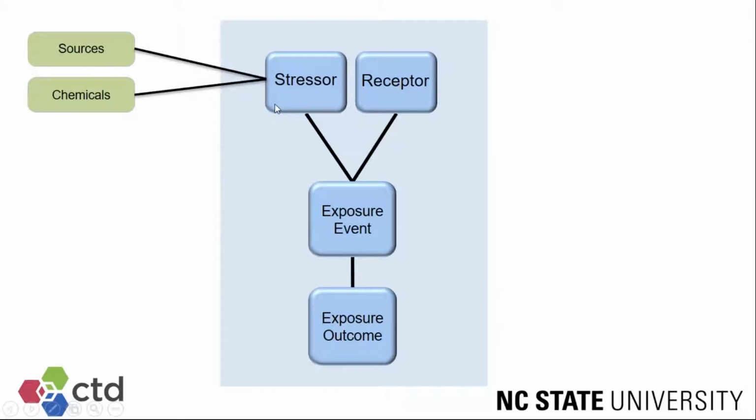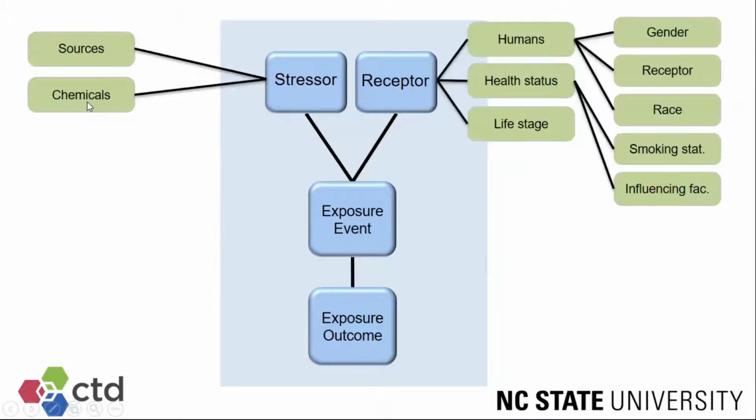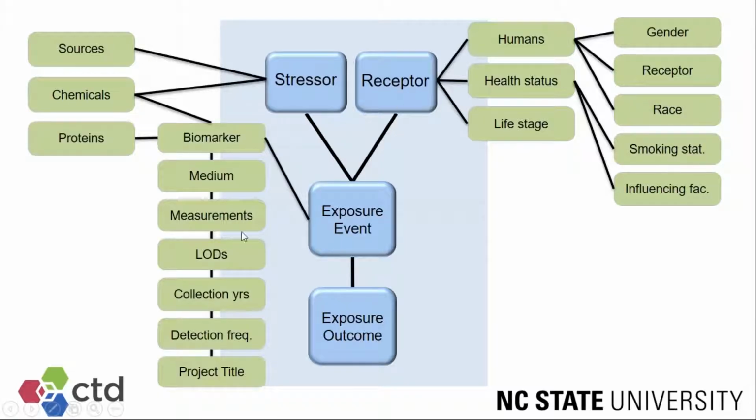So we have these stressors, we have source information and chemicals, we have receptor information. A lot of these concepts were talked about for the CHEAR resource as well. For exposure events, and this is not a comprehensive list, these are just meant to show you the scope of data that we were charged with capturing.